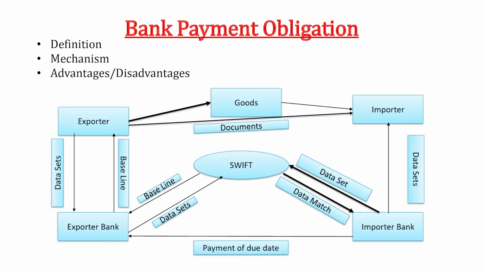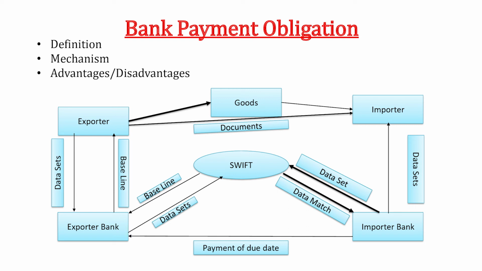Very briefly, I want to share with you the bank payment obligation. This is the future method of payment, presently not available in India. In future, payments will be made based upon information, data.